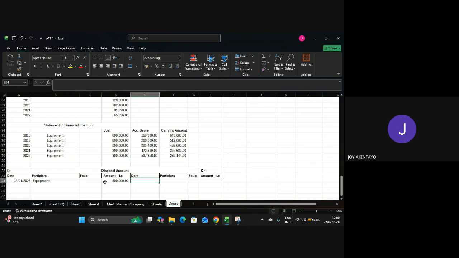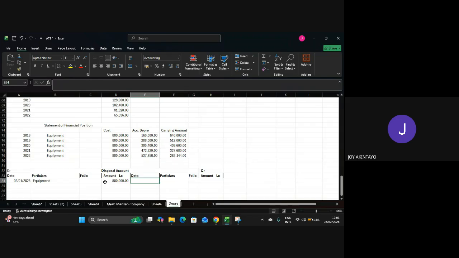Then the same day, we are to transfer from our accumulated depreciation account, in which we've debited our accumulated depreciation account. The corresponding entry is coming to the credit side of your disposal account.